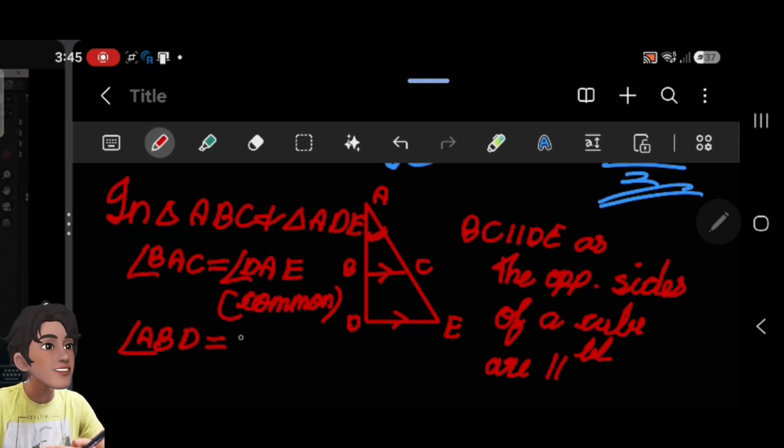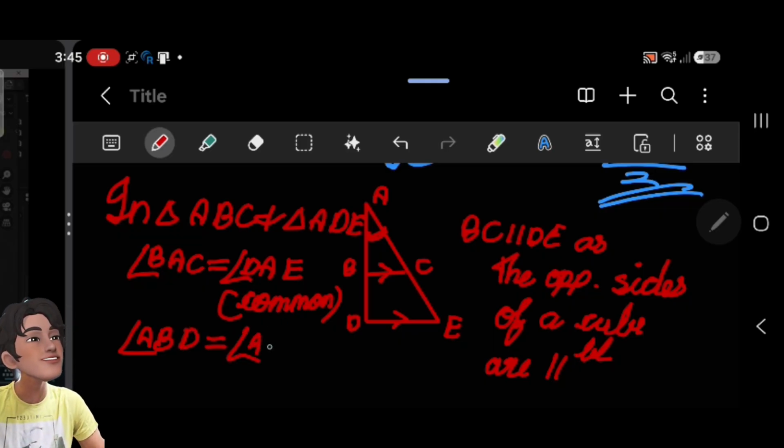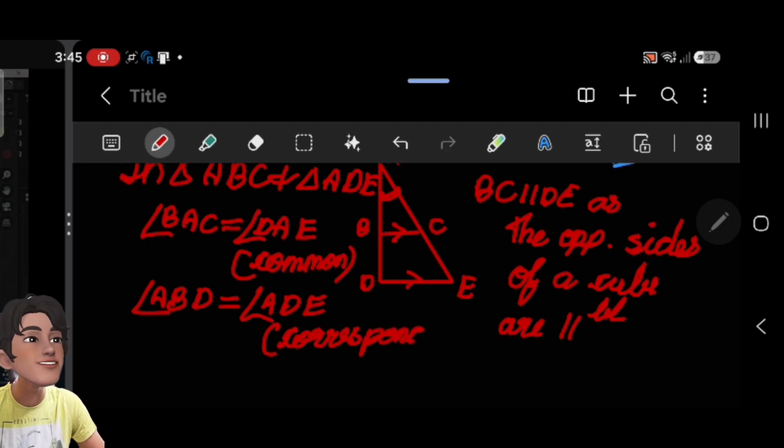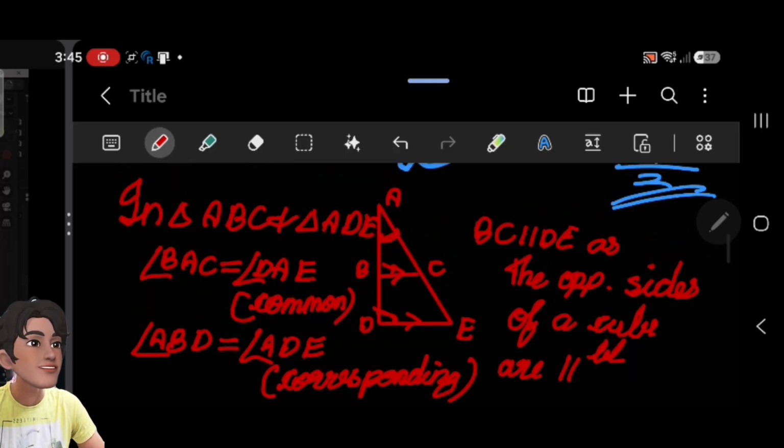And we can find another equality here: angle ABC is equal to angle ADE. As BC is parallel to DE, taking AD as the transversal, we get these corresponding angles to be equal. I'm talking about these two angles right here.